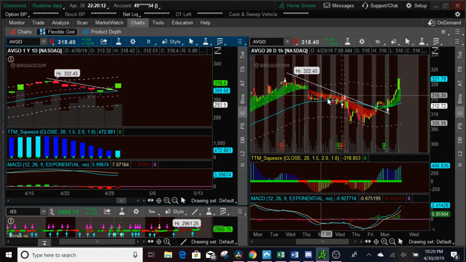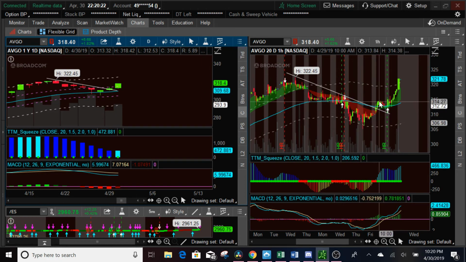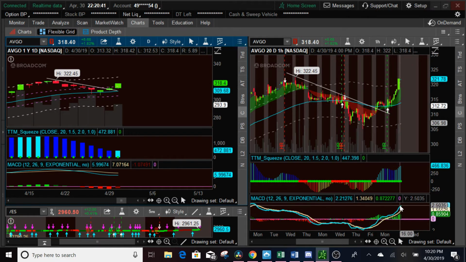It's pulling back into that 21 EMA on the daily, and then it has a bounce, breaks through the trend line, and that's where I got in. It did sell off just a little bit, and I was okay with that because we had the momentum moving in our favor. You can also see the MACD was turning up and looked really good, so I was okay holding that overnight.